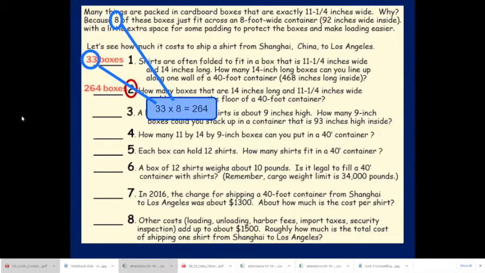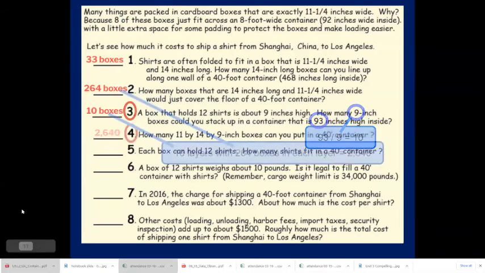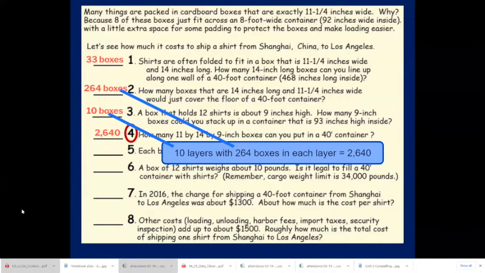Each box is about 9 inches high. We divide that by 9 to find out that that's 10 boxes. So we're filling in all of these with them. We have 10 layers with 264 boxes in each layer, so we have 2,640. The kids are really excited when they get that, because all they have to do is add a 0 and they got the answer.